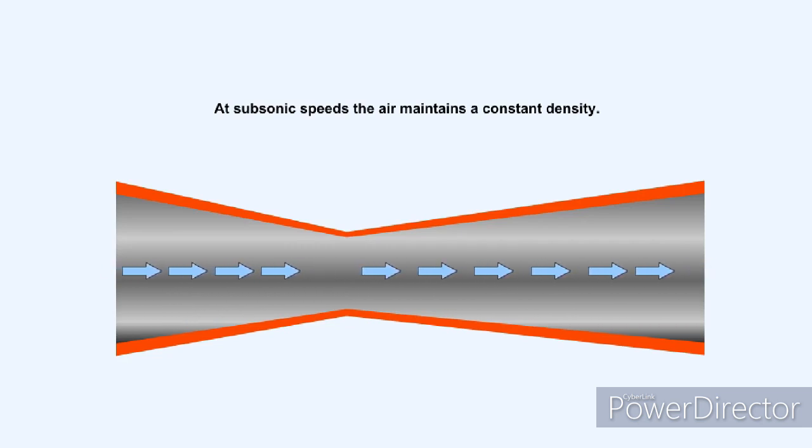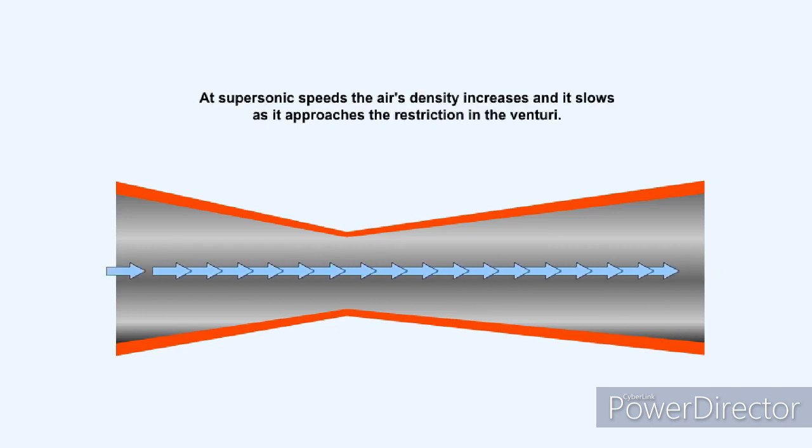We know from the previous lesson that subsonic airflow through a venturi accelerates towards the throat. At subsonic speeds, the air will maintain a constant density, and as a result a pressure wave is set up which causes the air to accelerate through the constriction. However, at supersonic speed, pressure waves cannot move out ahead of the air and cause it to accelerate.